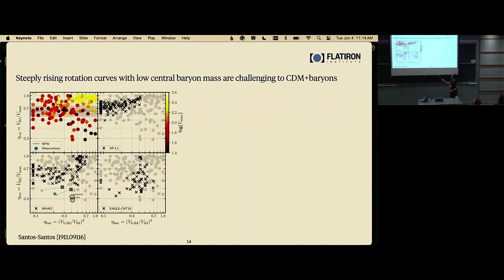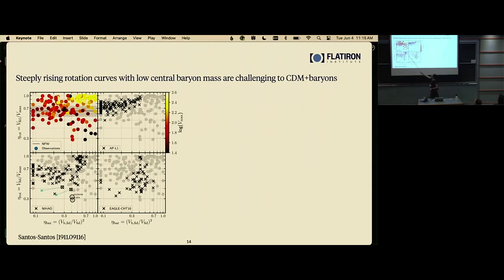Now she's colored these points by Vmax, which is a proxy again for the mass of the system. So I'm going to start by thinking to get a little bit of intuition about these yellow points. Those are massive galaxies. They have high Vmax. And so what's happening in this case is that you get baryonic contraction, and so you're getting things that are rising more steeply than NFW in the central region because of that baryonic contraction.